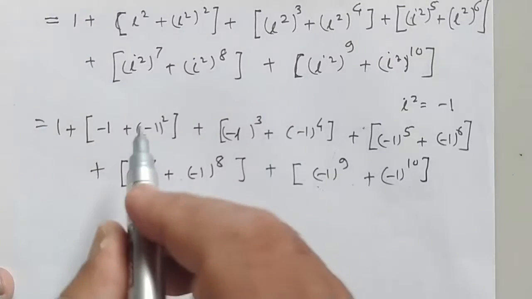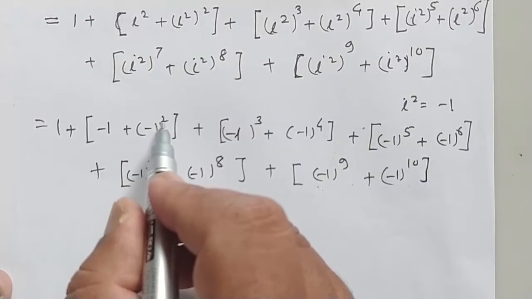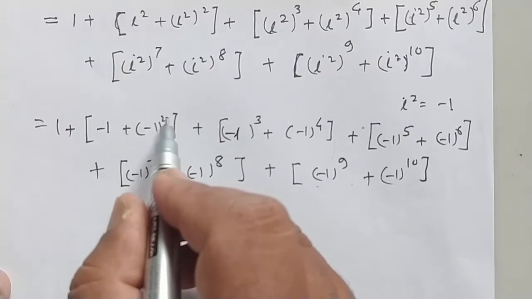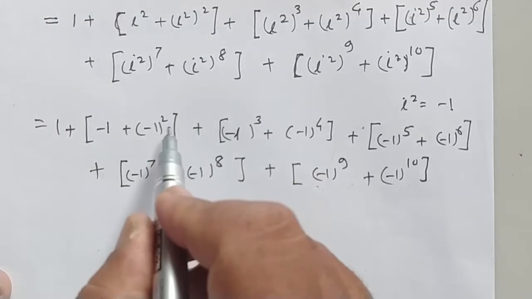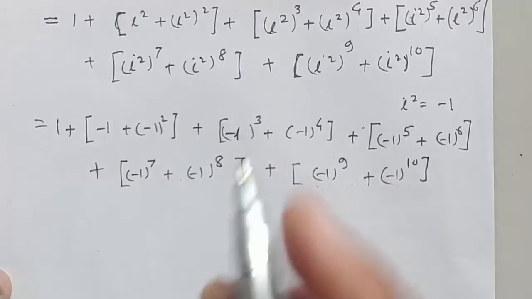Now, if the index of minus 1 is odd, then it becomes minus 1, and if it is even, then it becomes plus 1.